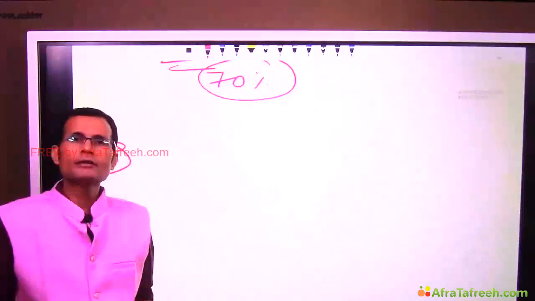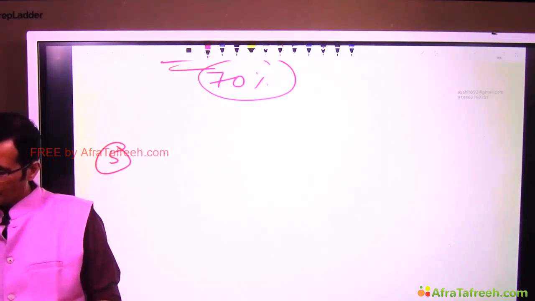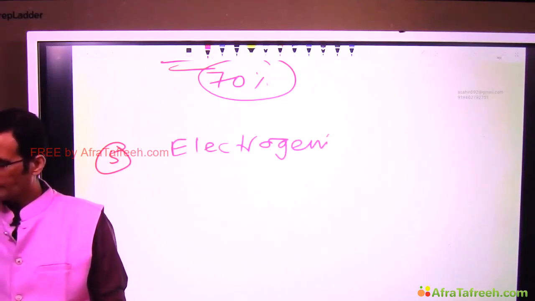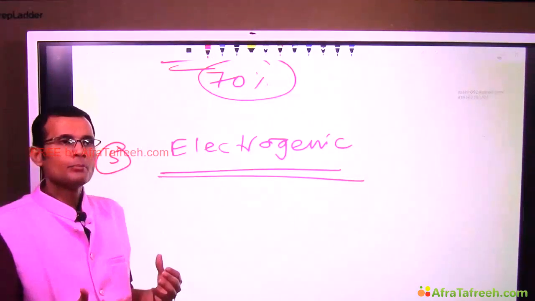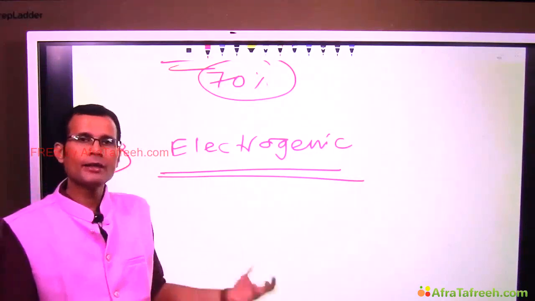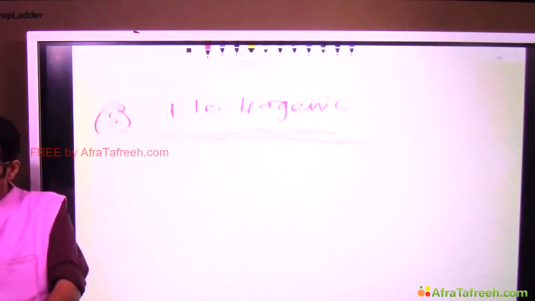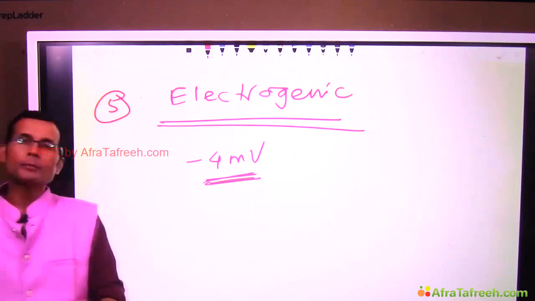The next function is that this pump is electrogenic. Because of this pump activity, a certain electrical charge gets created on the membrane, on the inside. How much? -4 millivolts on the membrane.